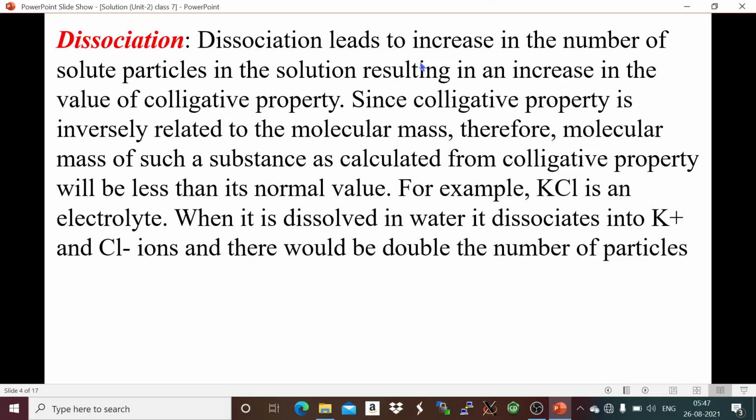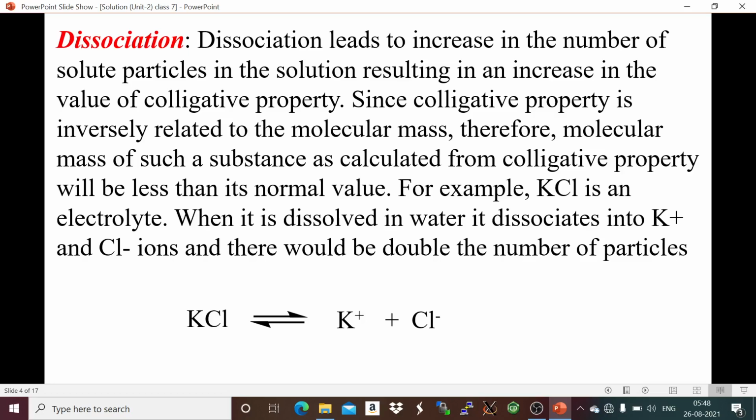Dissociation leads to an increase in the number of particles. KCl, when dissolved in water, keeps on giving K plus and Cl minus. So the number of solute particles increases: 1 formula unit in solution gives 2 particles, K plus and Cl minus. The number of solute particles increases, resulting in an increase in the value of colligative properties.